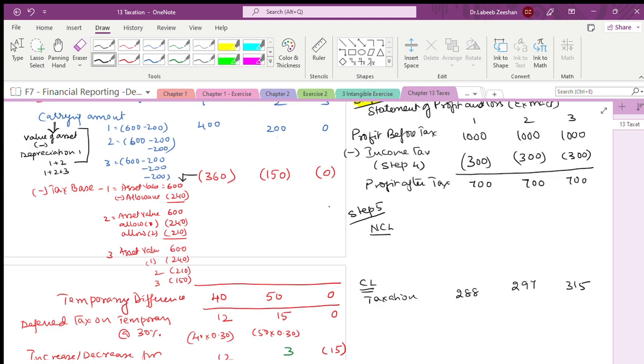In non-current liabilities, we will show deferred tax. How much is the deferred tax? 12, 15 and 0.